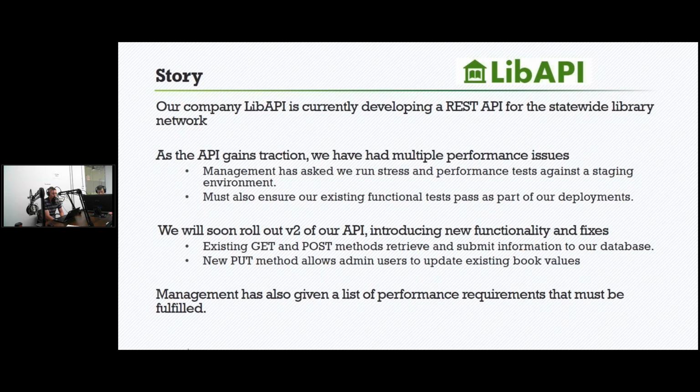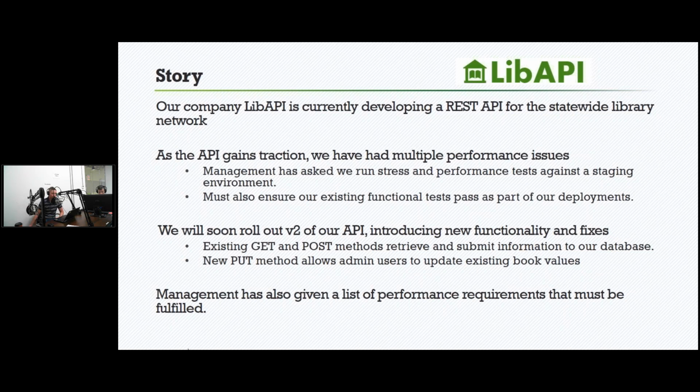So for this particular story, you can imagine that we're going to roll out version 2 of an API, which introduces new functionality and fixes. The existing get and post methods retrieve and submit information to our database, and the new put method allows admin users to update existing book values in that database.